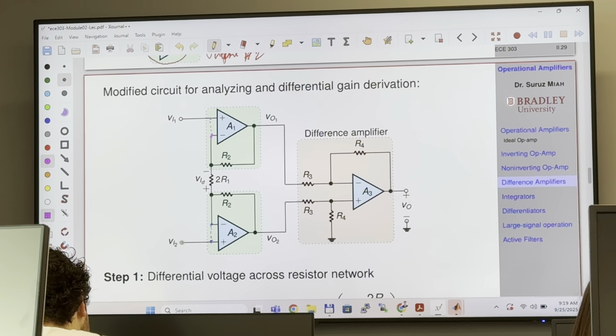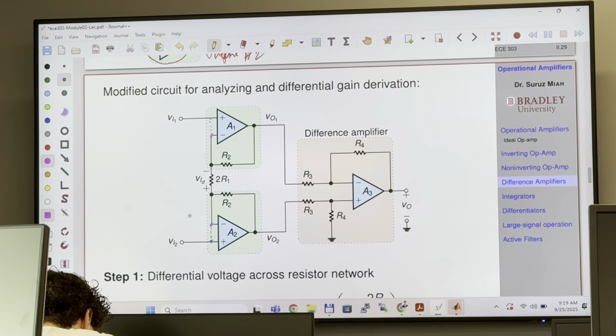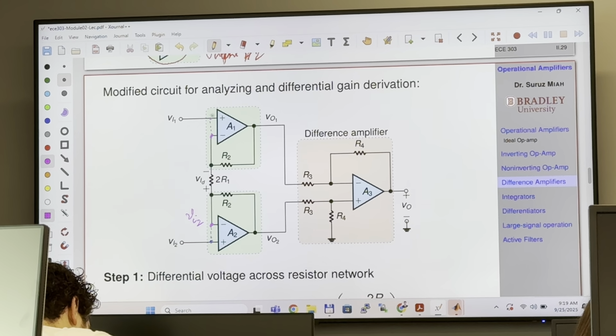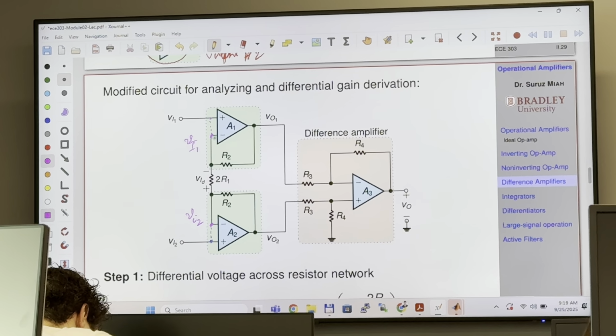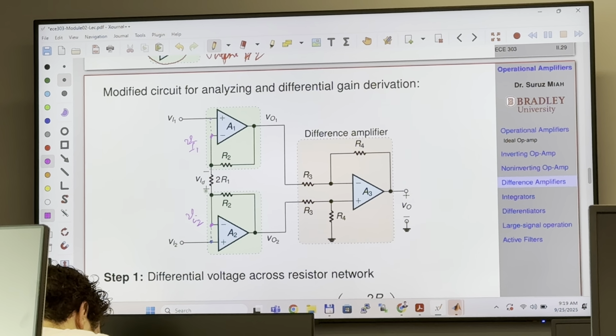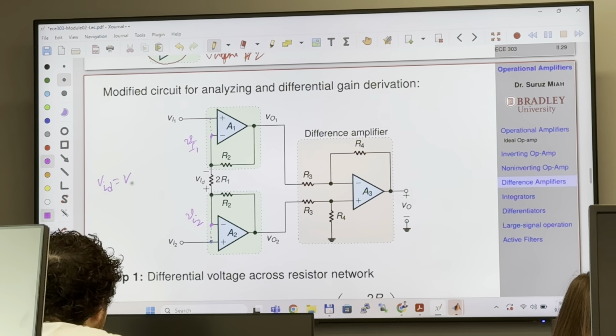So therefore, you can think of this voltage as VI2, and this voltage here as VI1. If we have the reference voltage positive here, negative here, then VID, the input difference, is going to be VI2 minus VI1.